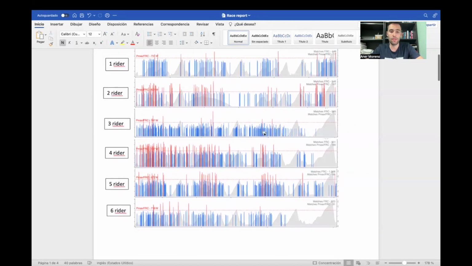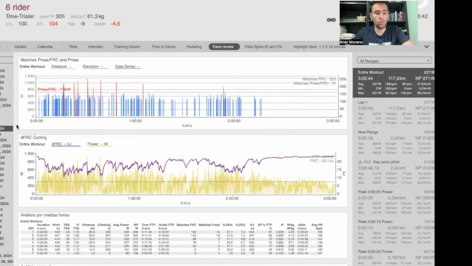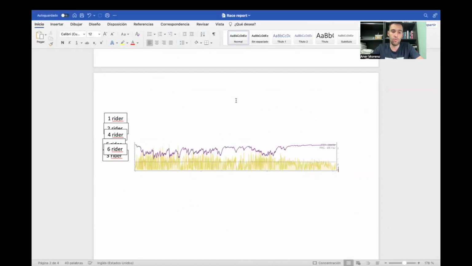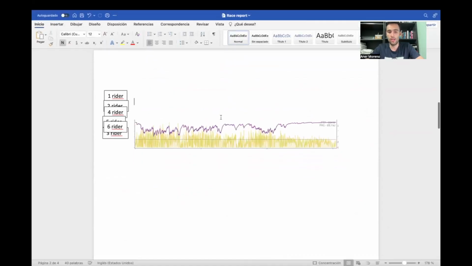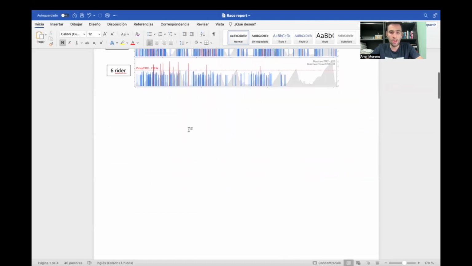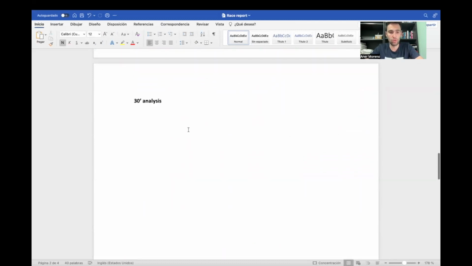This analysis is for a sport director to know which rider can help the leader most. We could do the same with this analysis for everyone. This way we are going to look at how the FRC dynamics are the same as this. I'm not going to lose more time doing this. I want it to be clear for all of you.